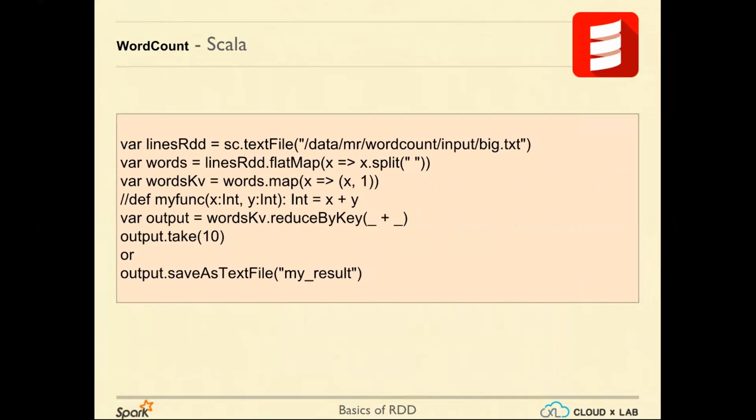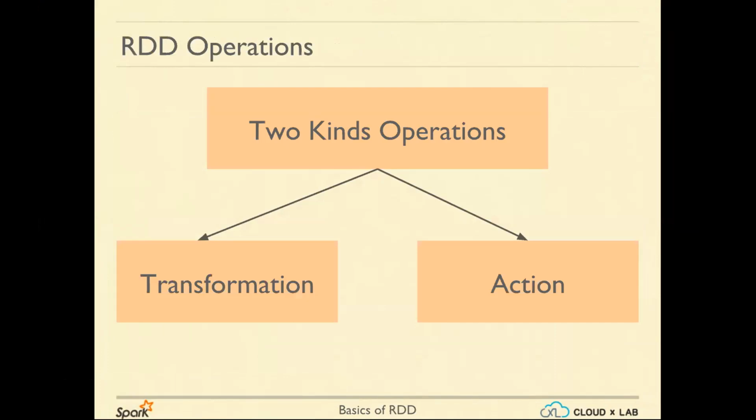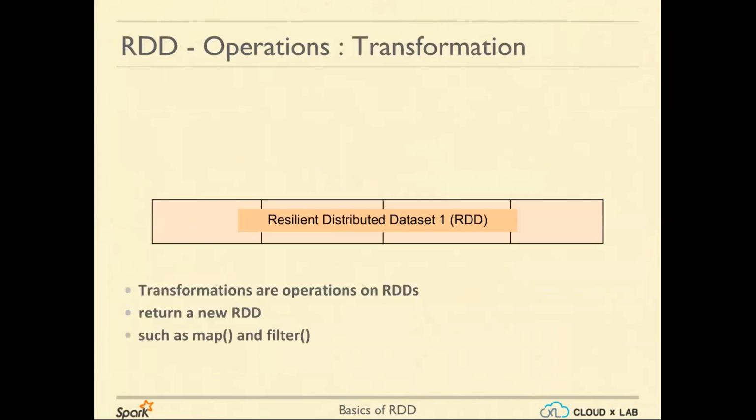All right, let's move ahead. Now, we have already talked about two kinds of operations, transformation and action, right? In the case of a transformation, one RDD gets translated into another RDD.